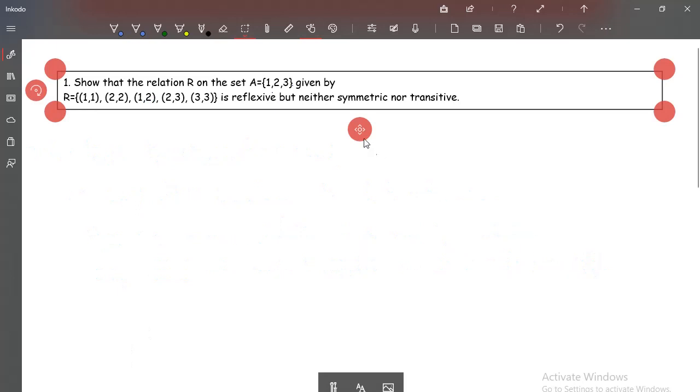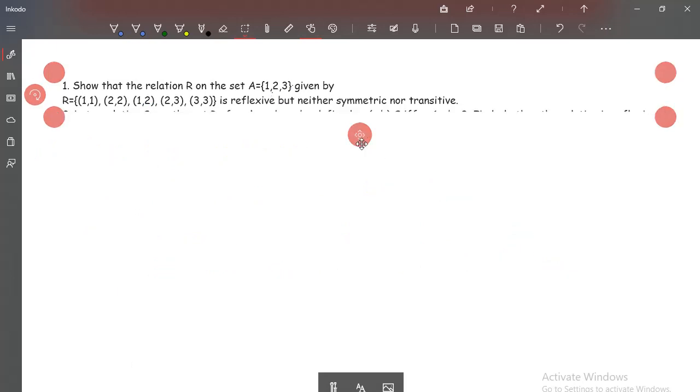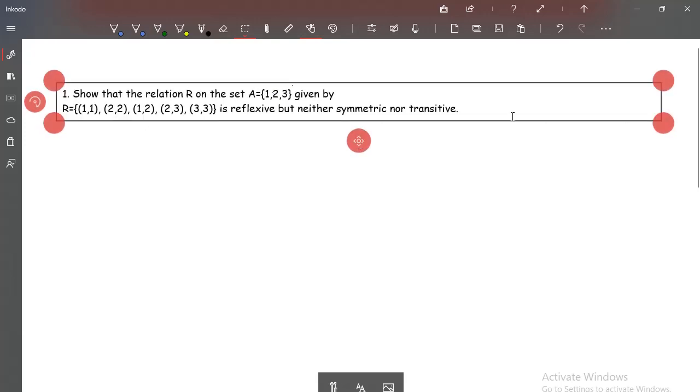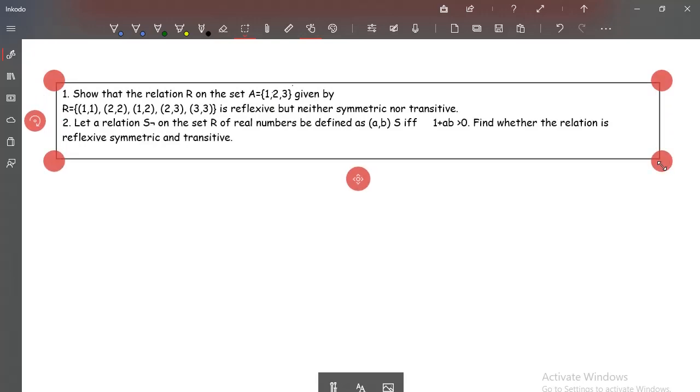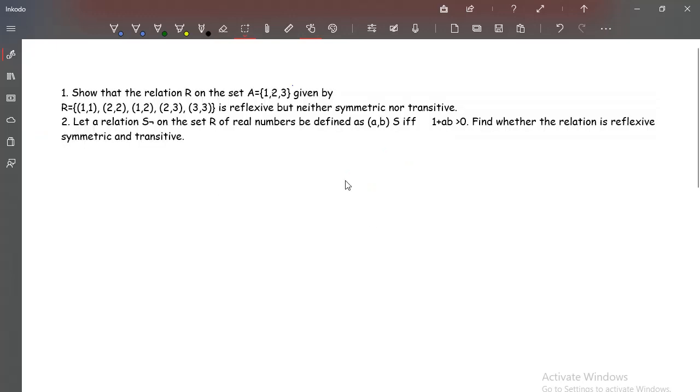Now the problem number 2. Here it is. A relation S on the set of real numbers is defined as (A, B) belongs to S if and only if 1 plus AB is greater than 0.